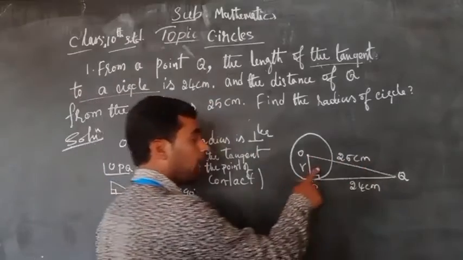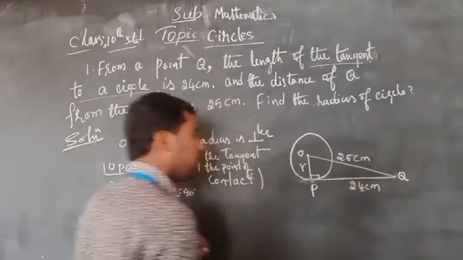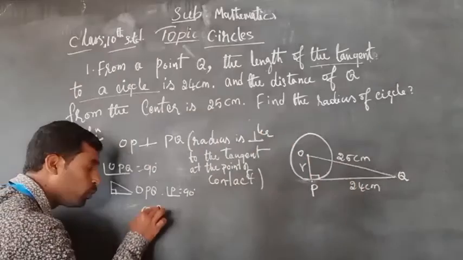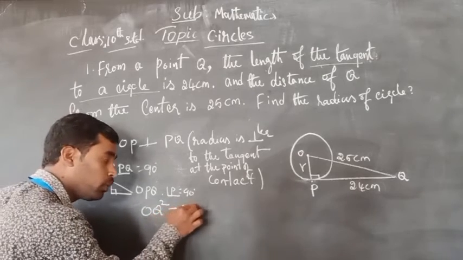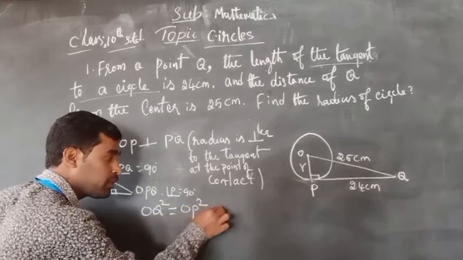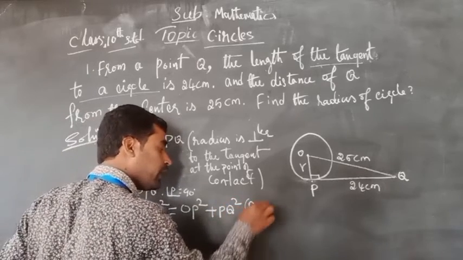Which is the hypotenuse here? The side opposite the 90 degree, that is OQ. OQ square is equal to OP square plus PQ square, by Pythagoras theorem.